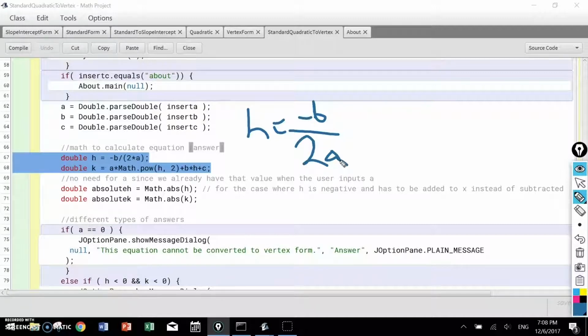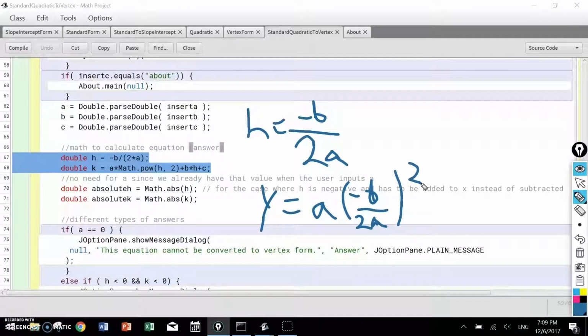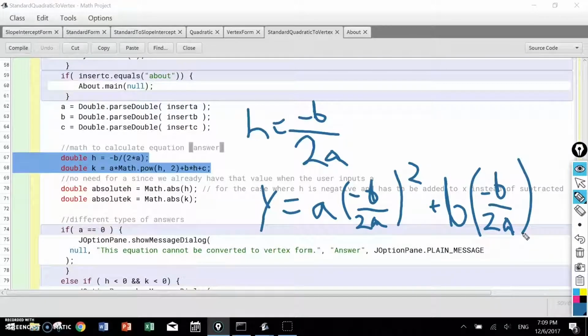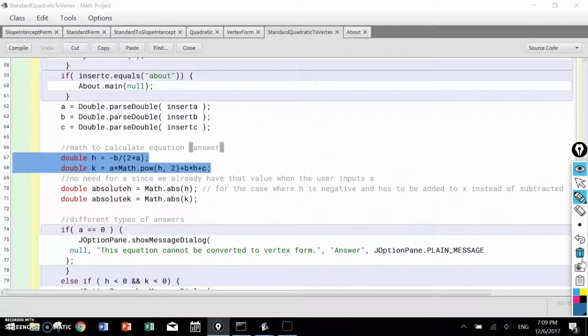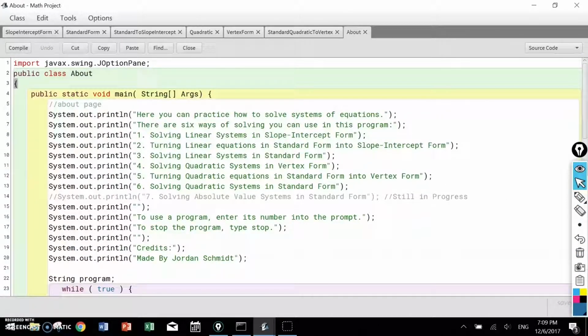And then you just plug h back into your standard form equation for x. So it would be a times whatever that negative b over 2a was, squared, because x is squared, plus b times that negative b over 2a, not squared though, because this x is not squared, plus c. So as simple as that. And then again, we have the About screen.